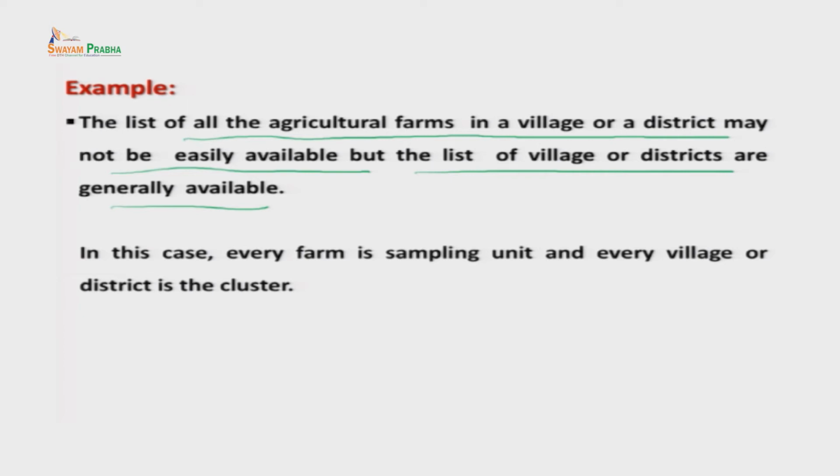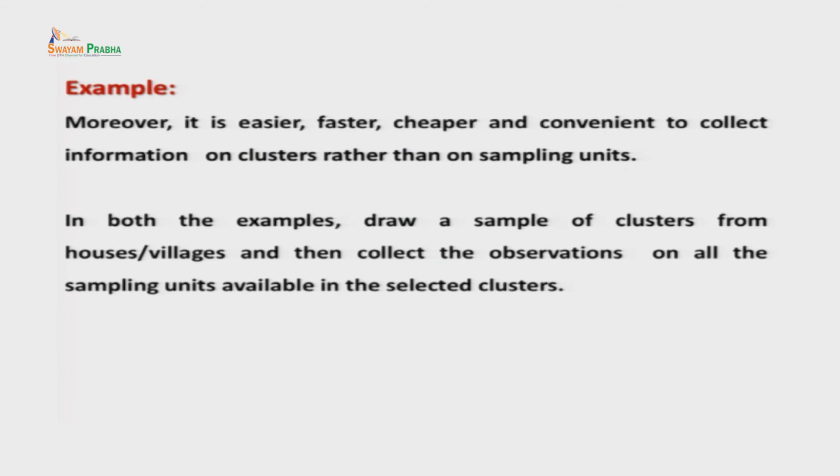So, in this case, every agricultural farm is the sampling unit and every village or every district is the cluster. So, you can see here now this cluster is a group of sampling units, right.